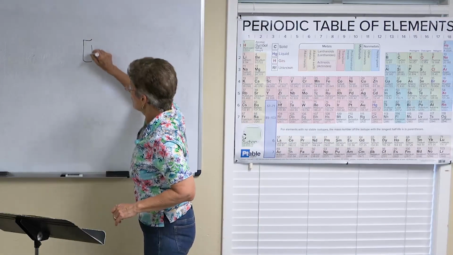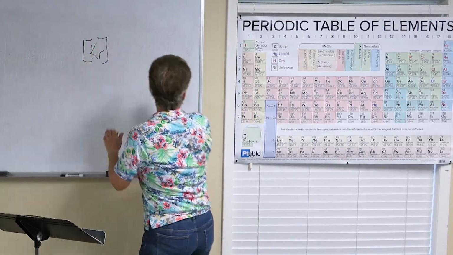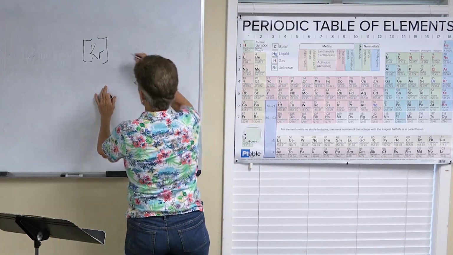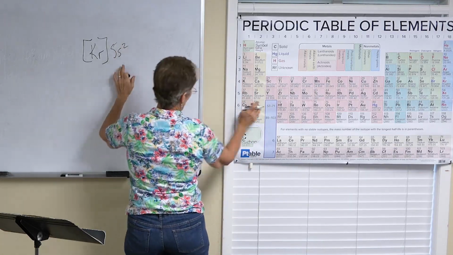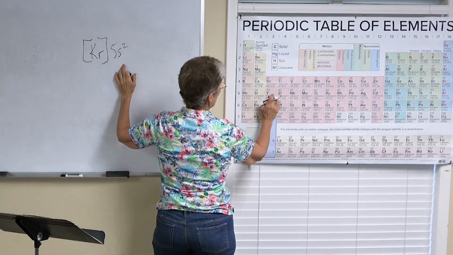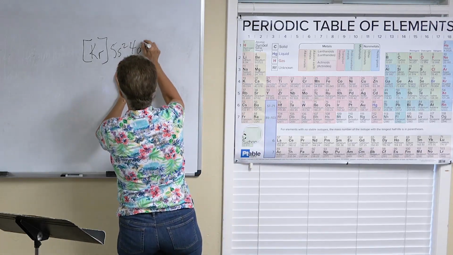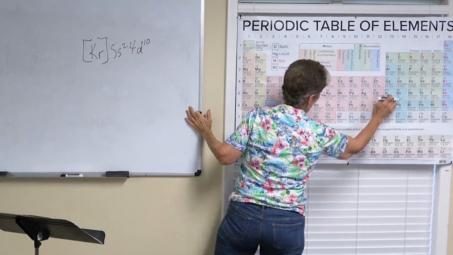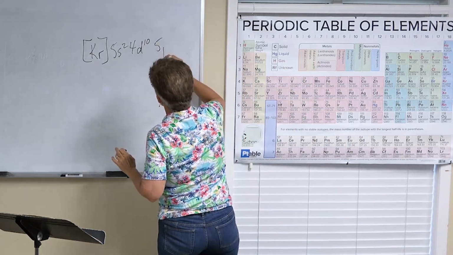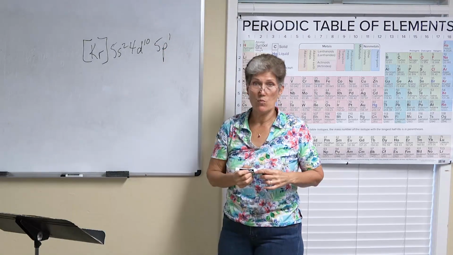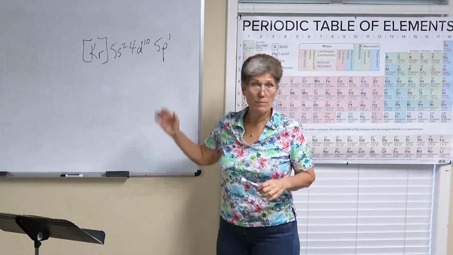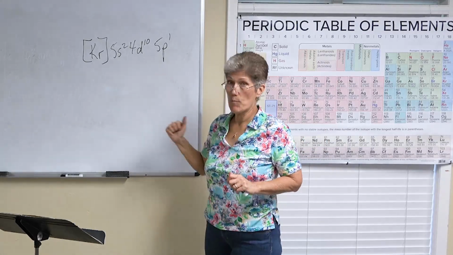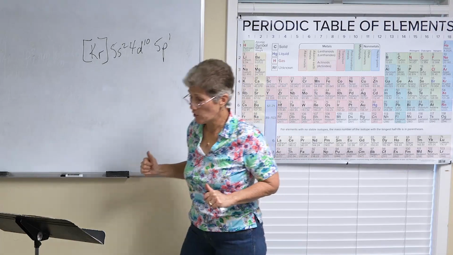The abbreviated version would be Kr, and then we come down here, and it's 5s2. Then when we get to this, we're going to take off 1, so that's going to be 4d10, because we're going to go all the way across here. Then we get back to 5, and this is the p orbital over there, and it would be 5p1. And so that would be our indium, the abbreviated electron configuration.